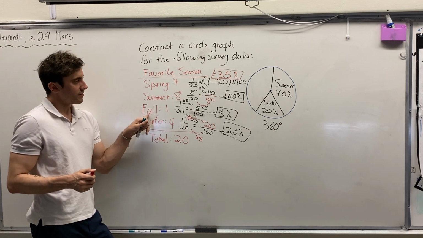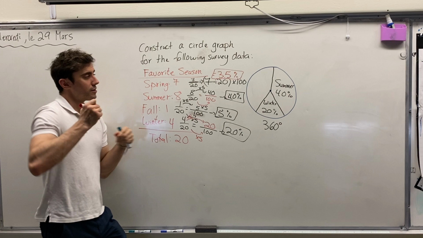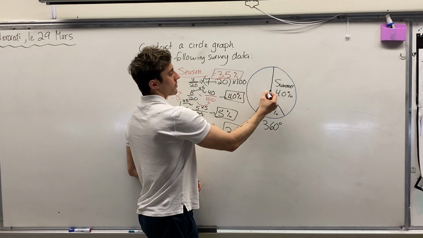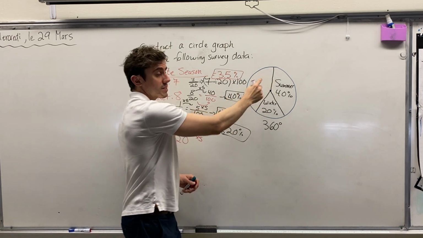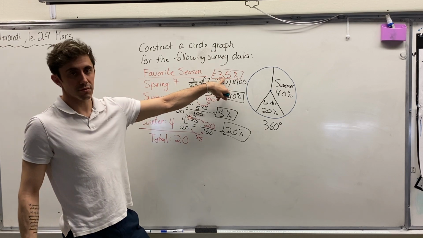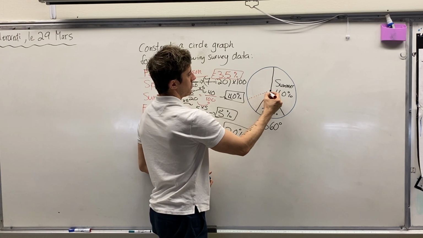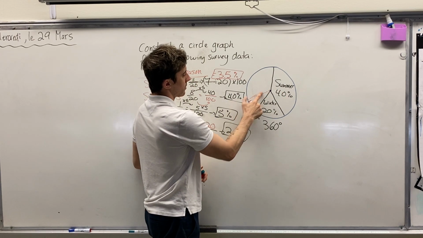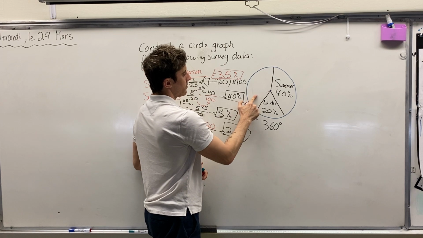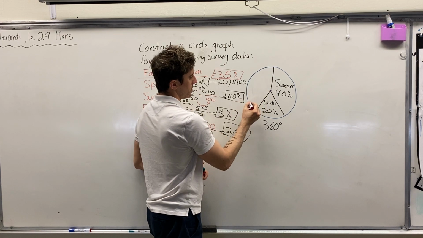Now we have fall at 5% and we have spring at 35%, right? We know that at the quarter mark we need 25%, so we need a bit more than that for the spring's 35%. I'm gonna go somewhere around here. Let's say maybe that's a little bit too high. Let's adjust a little bit.